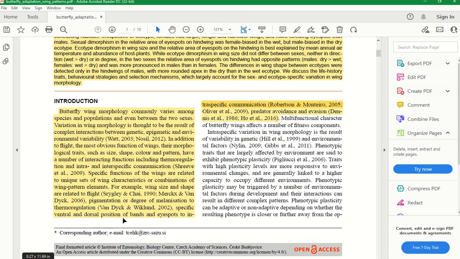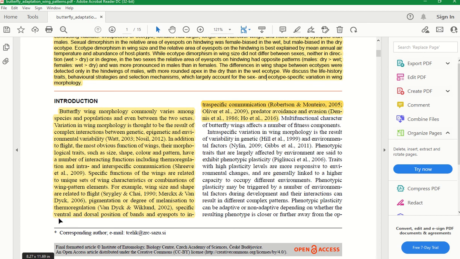Specific ventral and dorsal position of bands and eye spots. That means the positioning of the patterns on a wing, whether they be bands or eye spots, and whether or not they're specific to the ventral side of the wing or the dorsal side of the wing. So ventral is kind of on the outside.